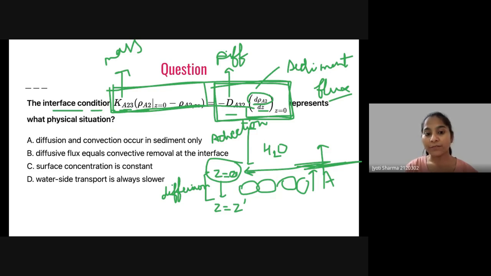Rho A2 infinity means the bulk, the concentration of A in the water far away from your sediment.